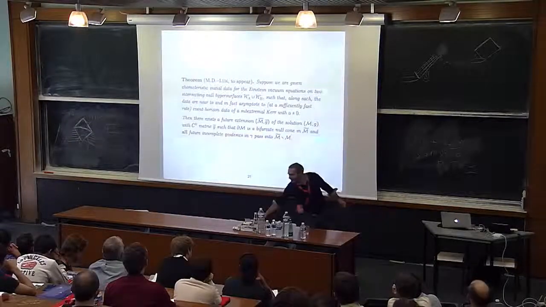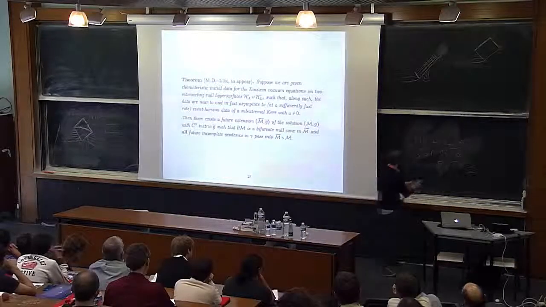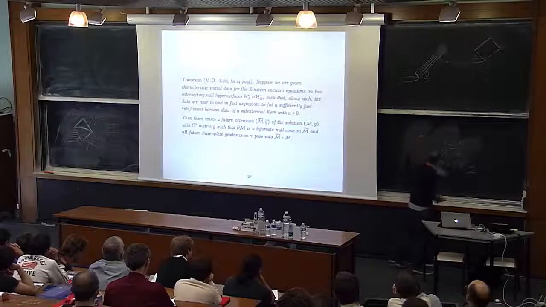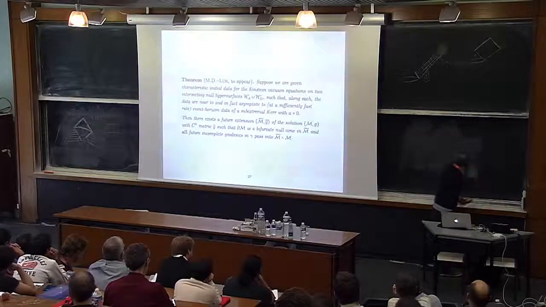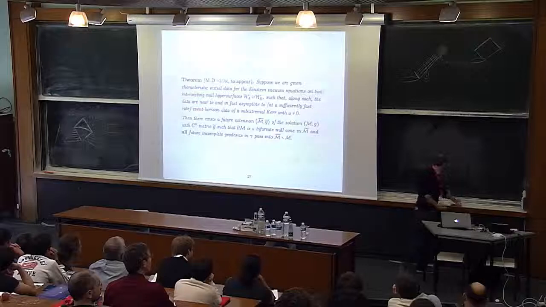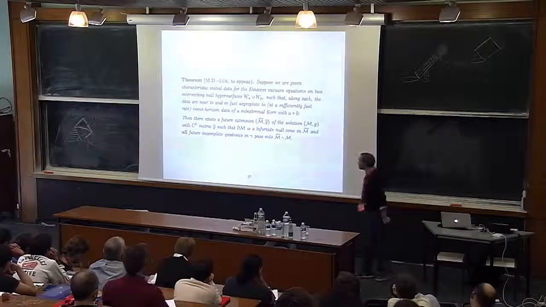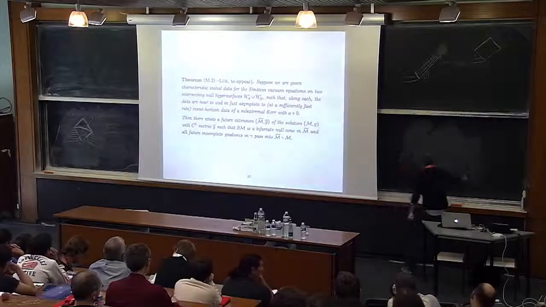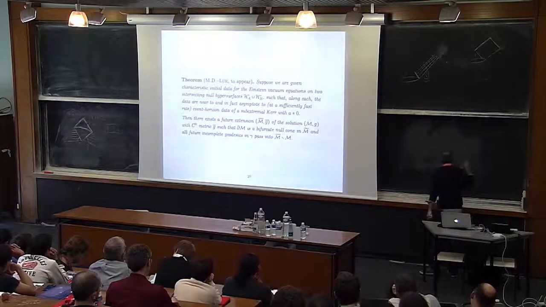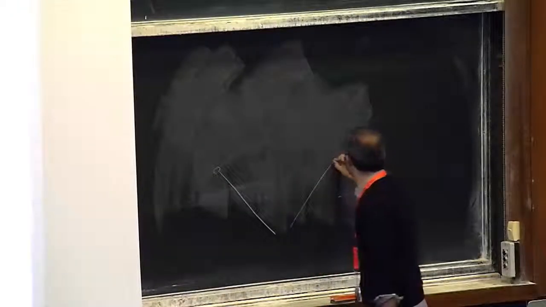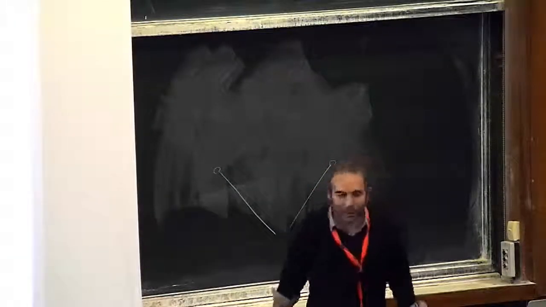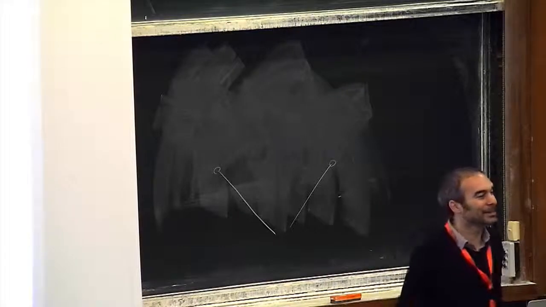But I can still erase what Jacques did. I don't want anything from Jacques' talk. So the theorem says the following. So if I now pretend I know the stability of Kerr in the exterior.